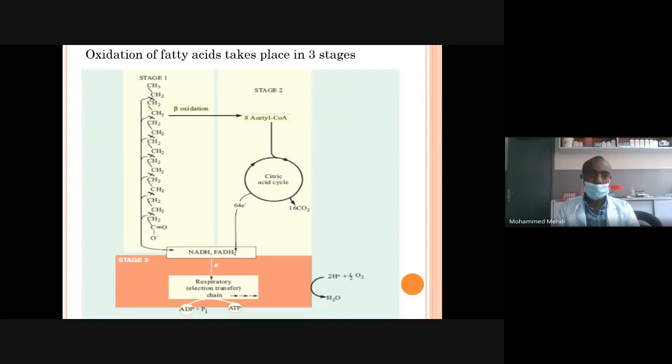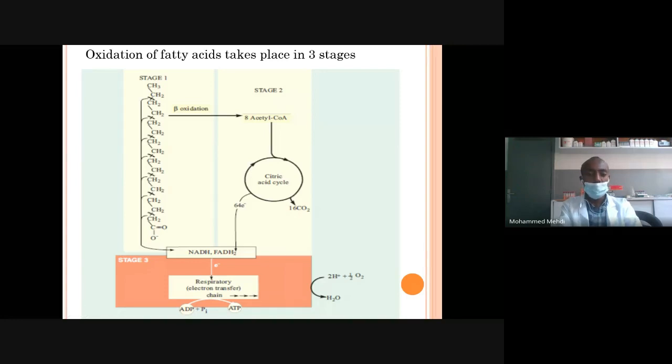The numbering starts from the functional group, the carboxylic acid. This is the structure of a fatty acid with a hydrocarbon chain and a carboxylic acid functional group. The functional group is our carbon number 1, and the next carbon is labeled carbon number 2, then carbon number 3. It continues like this.